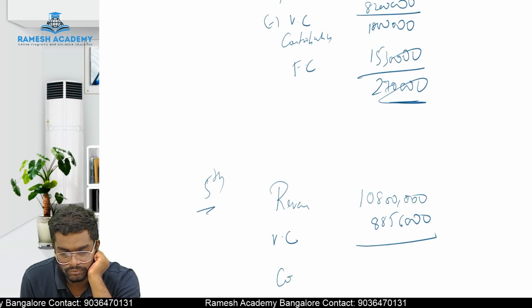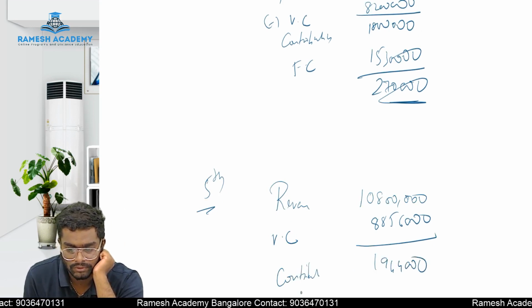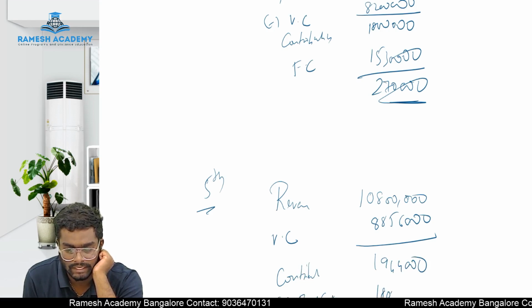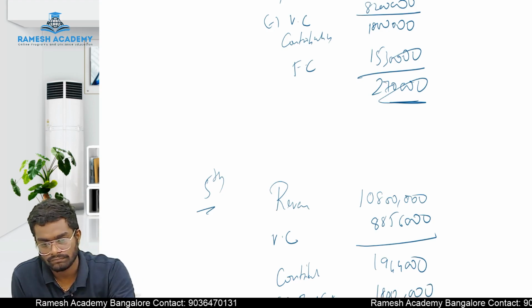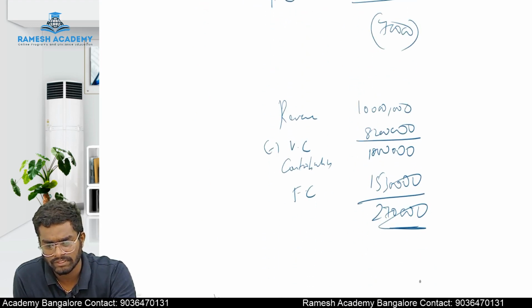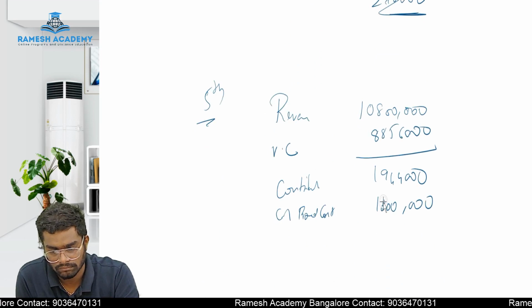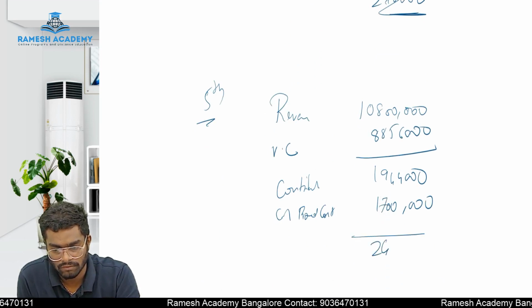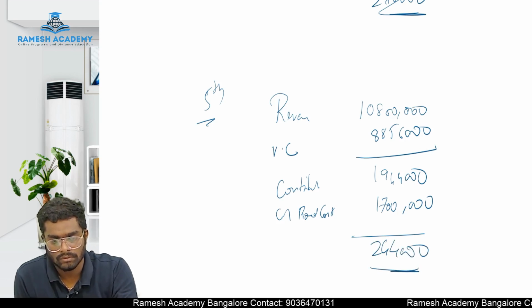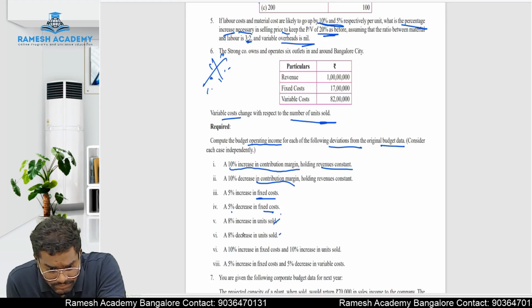So contribution is 19 lakh 44,000 minus the fixed cost, 18 lakh. Is it 18 lakh? I'm sorry, it is 17 lakh. So 2,44,000.